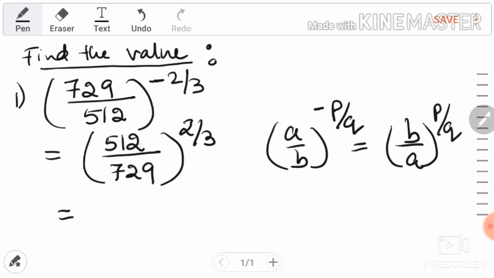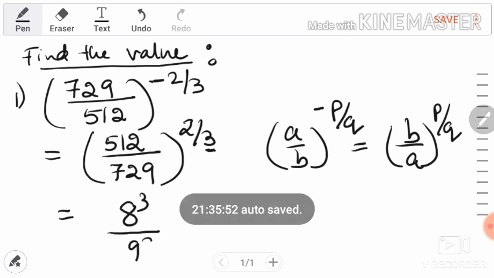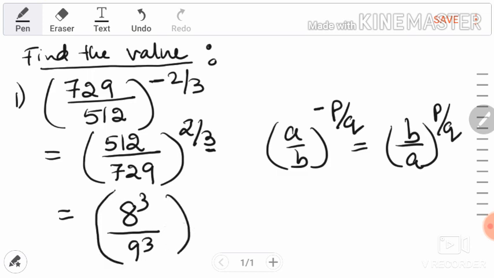Now we will express 512 as a number with power, and also 729 as a number with exponent. So here the denominator of the power 2 upon 3 is 3. So we will write 512 as 8 to the power 3 and 729 as 9 to the power 3, whole to the power 2 on 3.